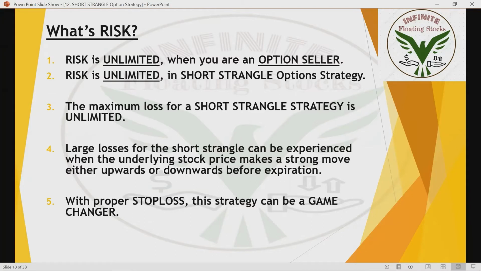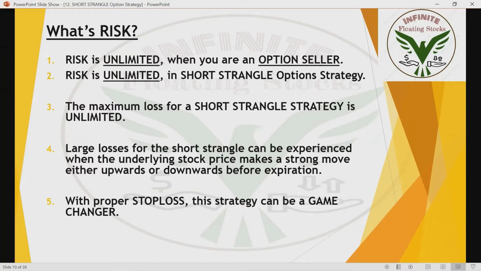If it is breaking the boundaries, then you will face unlimited loss. Even though it is breaking, that will hit your stop loss. No worries. Our position will be hedged, so you will be facing very little loss.